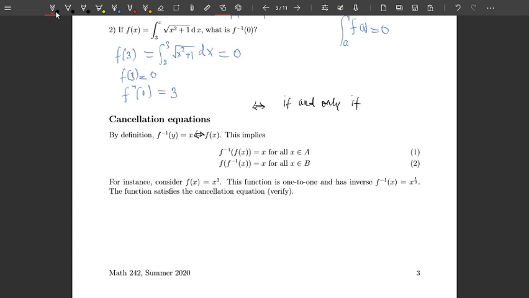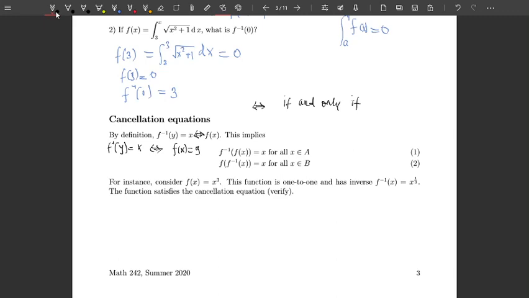It means whatever you have at the left hand side implies what is at the right, and whatever you have at the right implies what you have at the left. So f inverse of y is equal to x if and only if f of x is equal to y. We've seen this definition above.